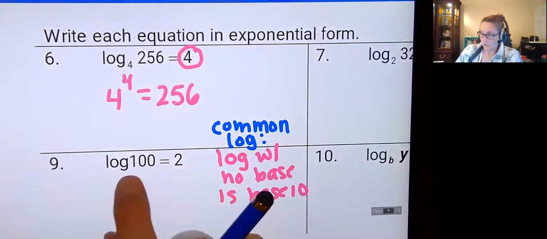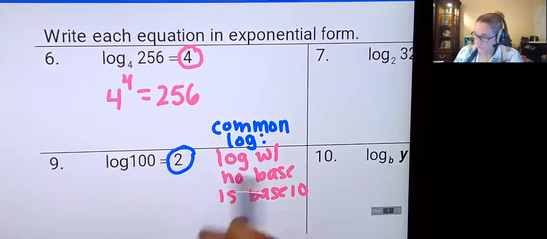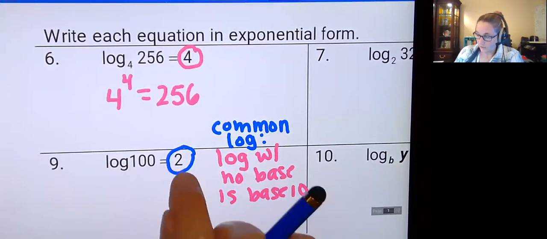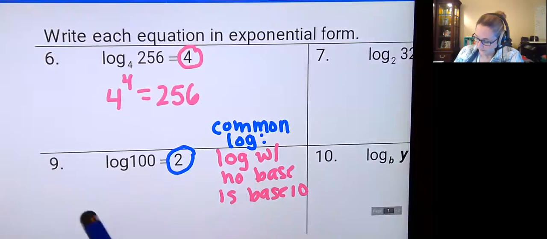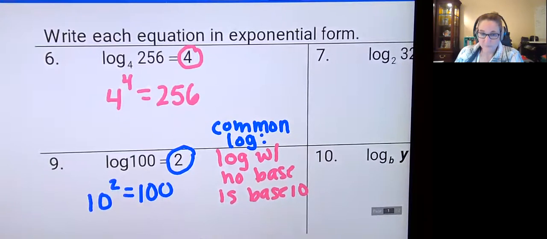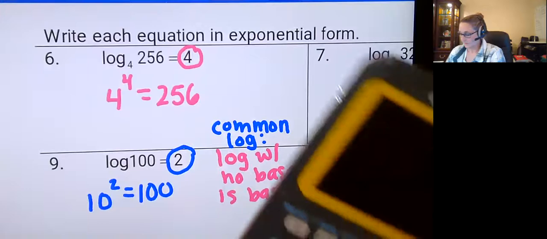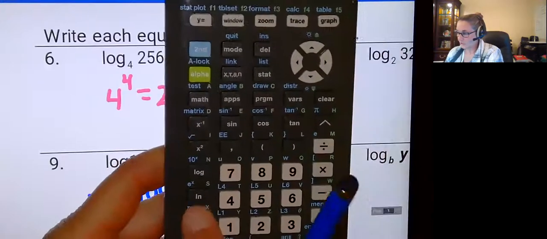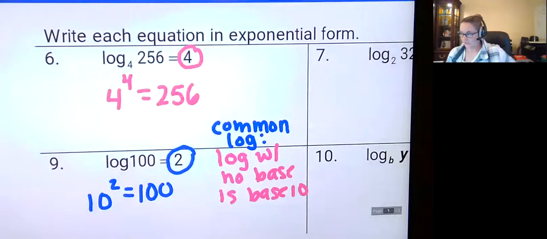That's what log without a base is. So again, this is what your log equals. That's your power. Your base, since you don't have one here, is base 10. So it's going to be 10 to the second equals 100. And this is what the log is on your calculator. So this log button right here is base 10. It's not any other base.